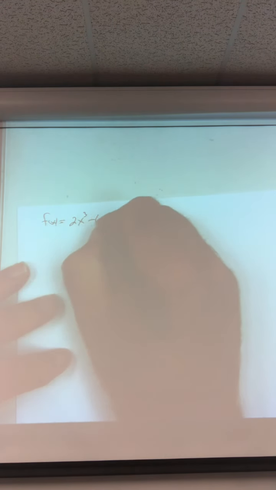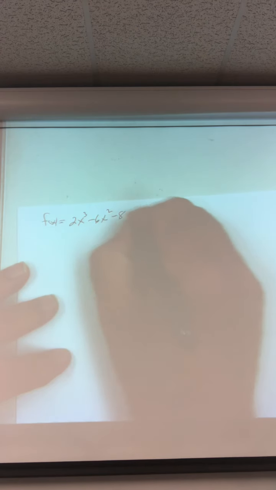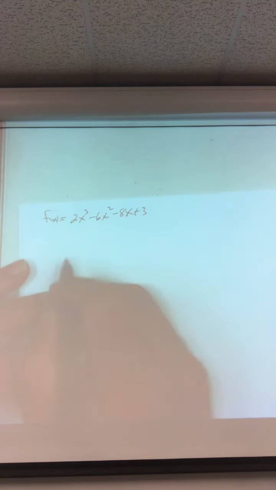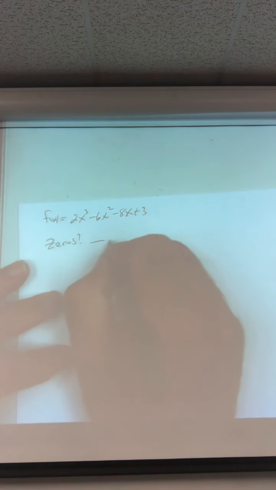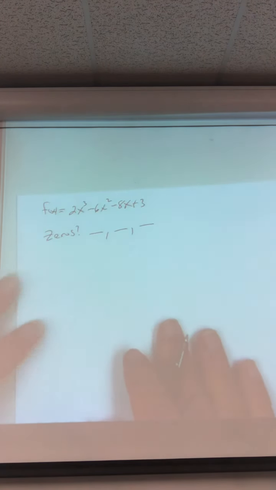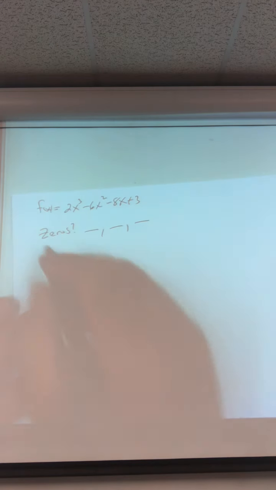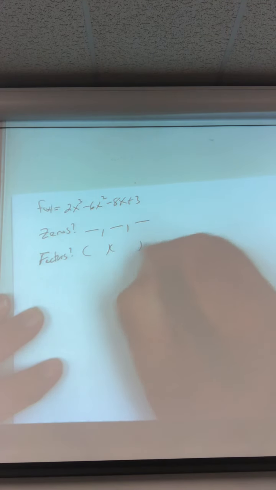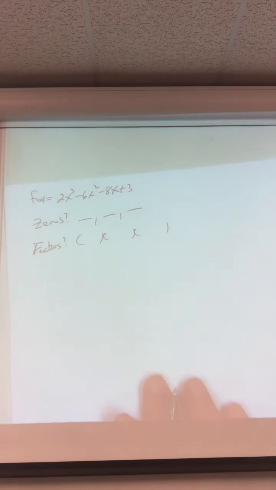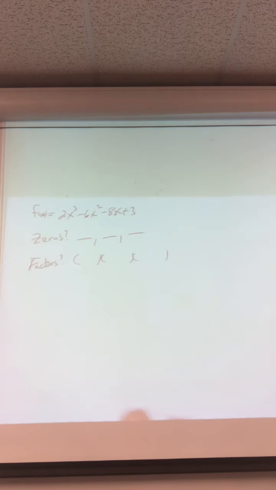So if I give you a third degree polynomial, and I want to find the zeros, I'm going to find the three zeros. Or I could say find the linear factors. You say, okay, I know what we're going to have to do.